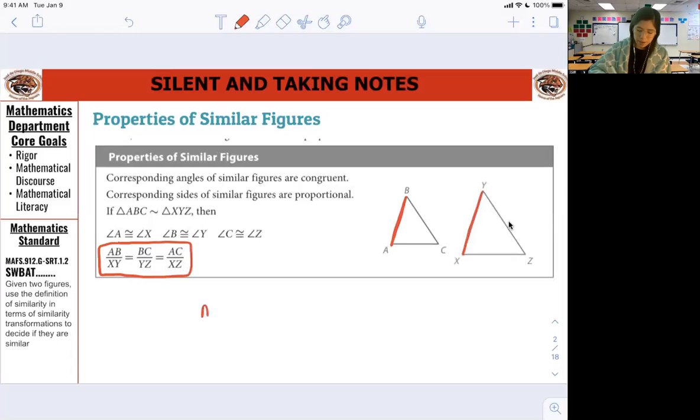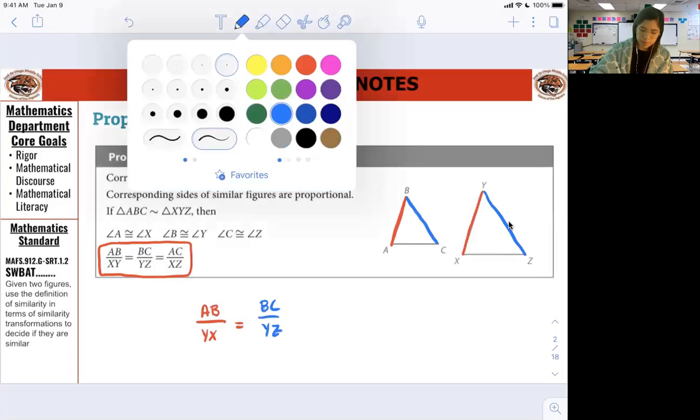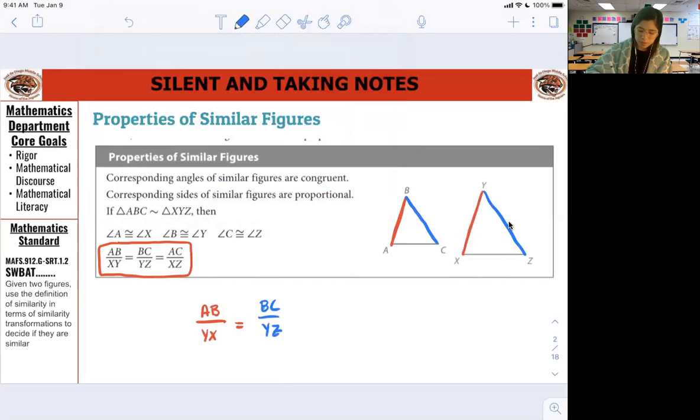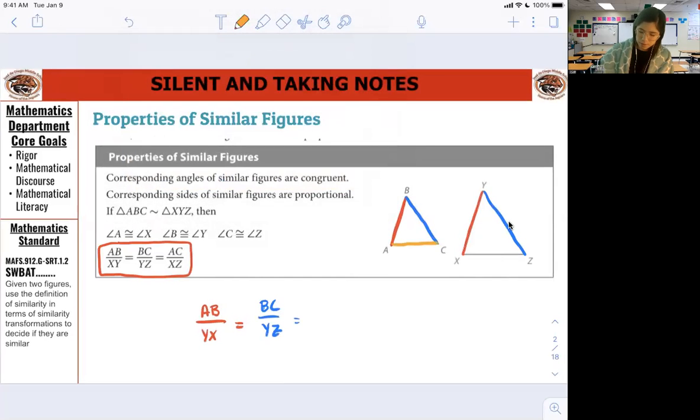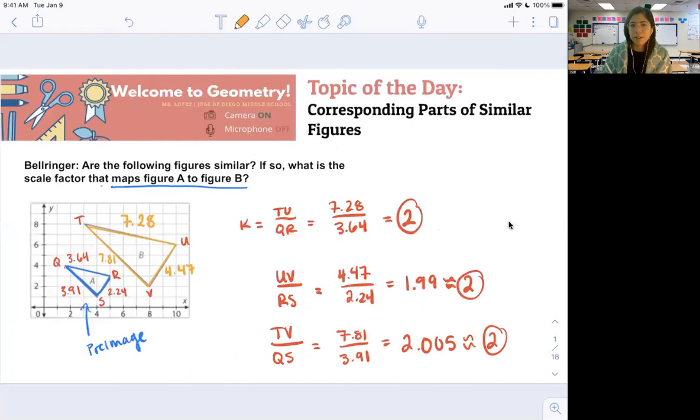So AB over YX is going to be equal to BC over YZ is going to be equal to AC over XZ, which is exactly what we noticed here, right?